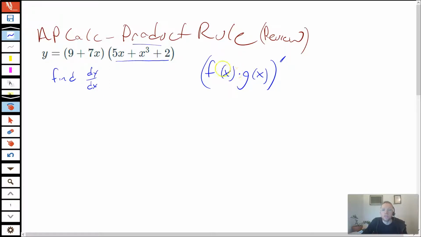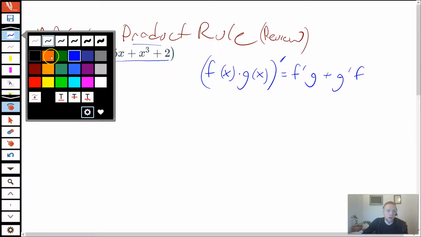So the derivative of f of x times g of x is equal to f prime times g plus g prime times f. So the derivative of the first of the two functions times the other, and then the derivative of the second of the two functions times the other. I think the clearest way to learn this is just through practicing examples. So we'll do this one here together.